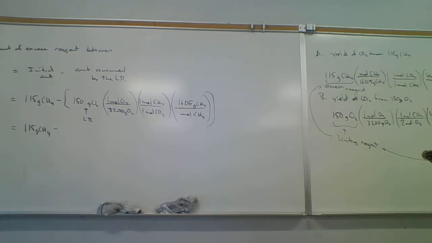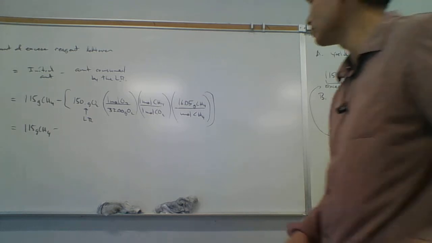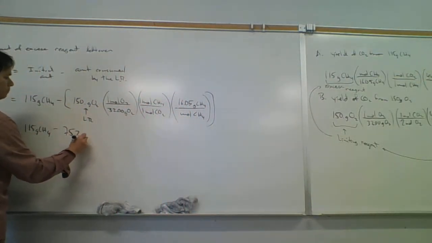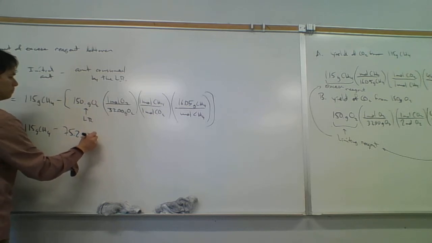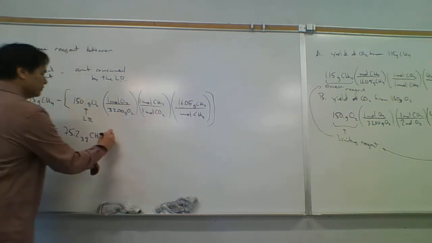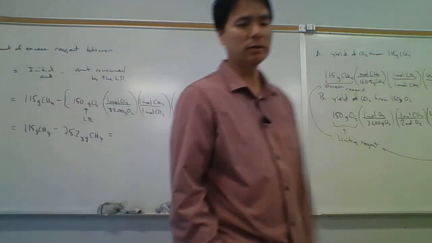150 divided by 32 times 1605. 75.23. So only 75.23 grams of methane were actually used out of the 115 grams that we started with.